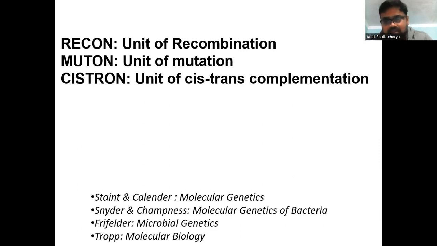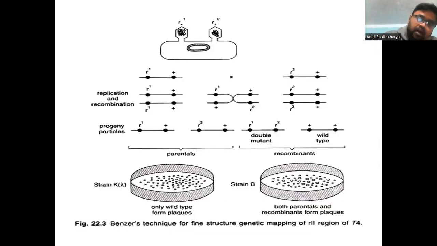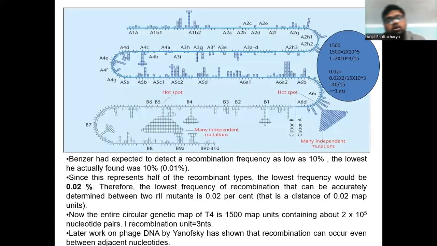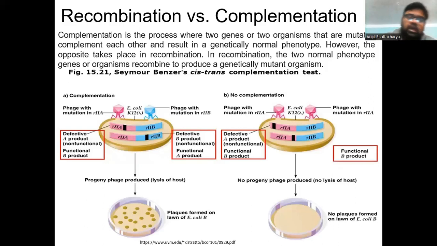Later on, this was corrected, as recombination can occur even between a distance of one base pair. So this is how the classical experiments by Benzer and others provided us novel insights into recombination, and not only recombination, but mutation and processes like complementation.